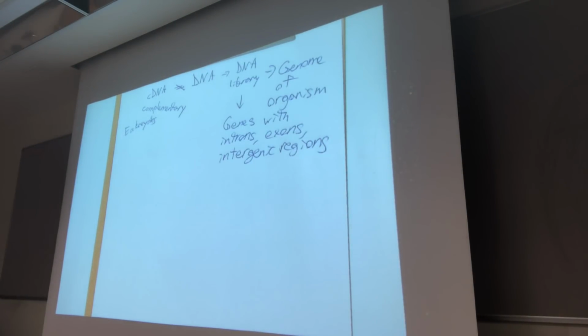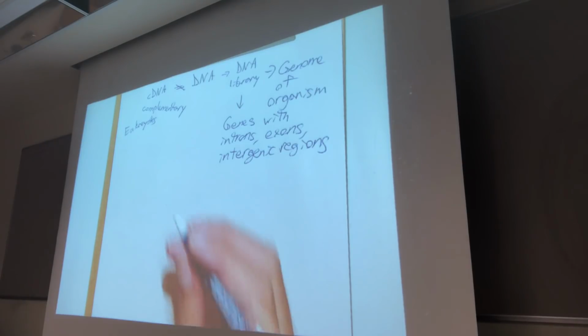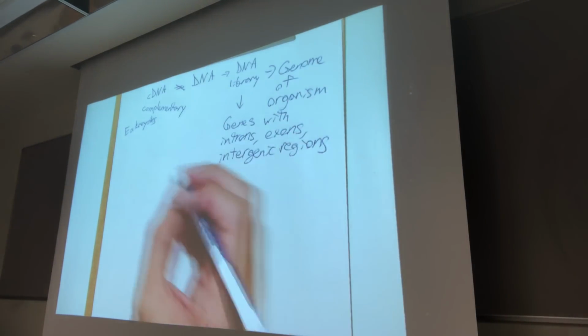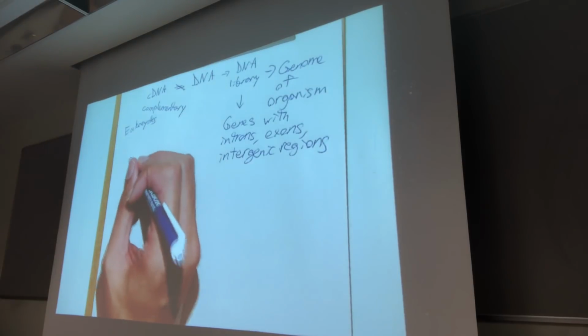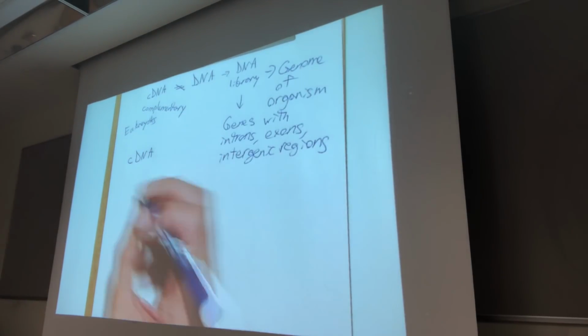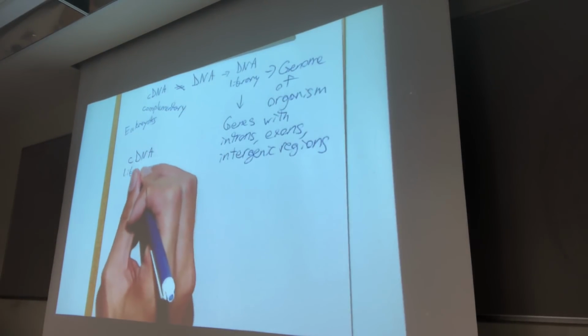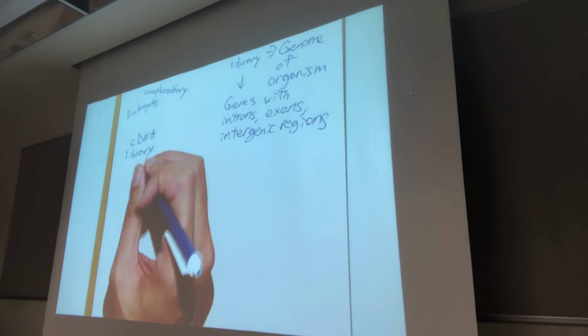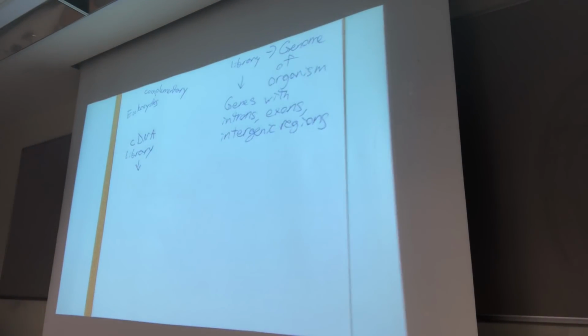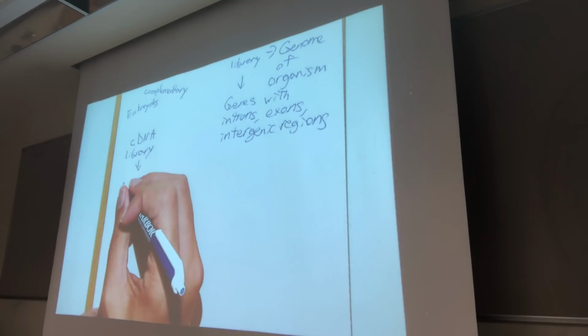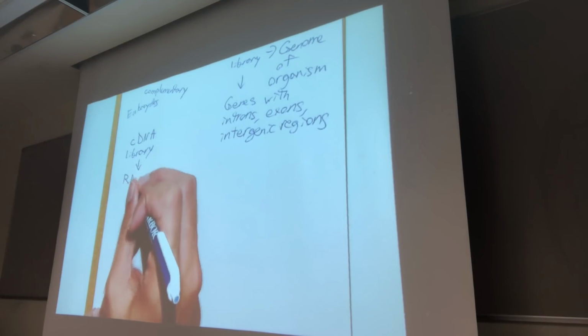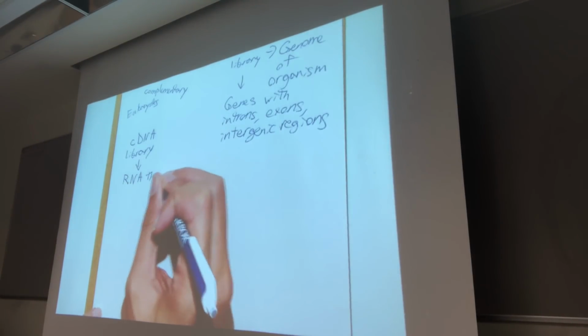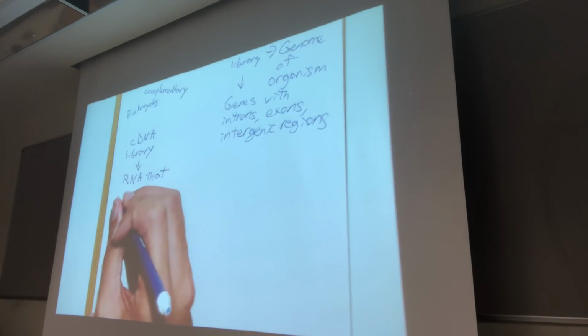It's straight up copy and paste of the entire genome of some organism. However, to contrast that, if you see something called a cDNA library, this is a library, technically, of all the types of RNA that an organism can make.